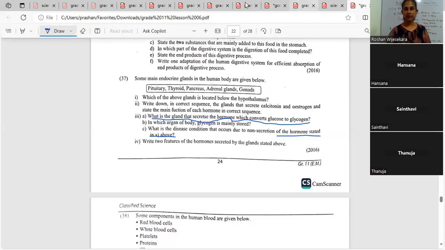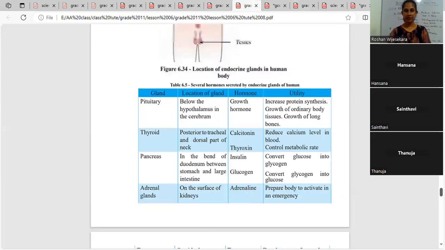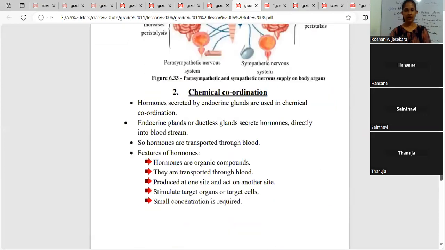Here, we have written the features of hormones in our notes. Hormones are organic compounds. They are transported through blood, produced at one site and act on another site to stimulate target organs or target cells. A small concentration is required. Those are features of hormones.